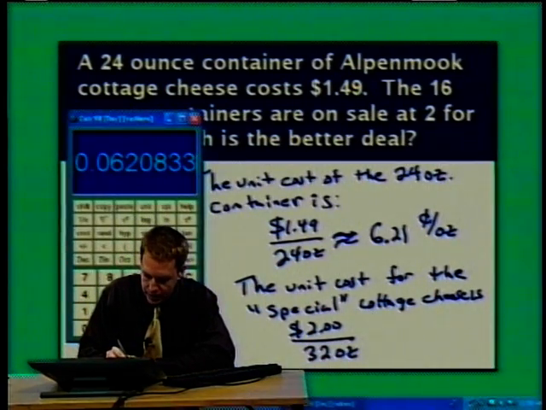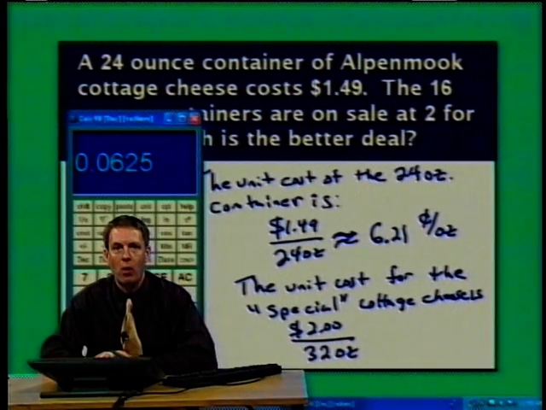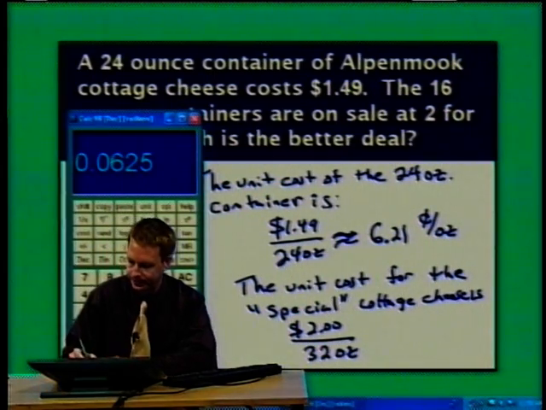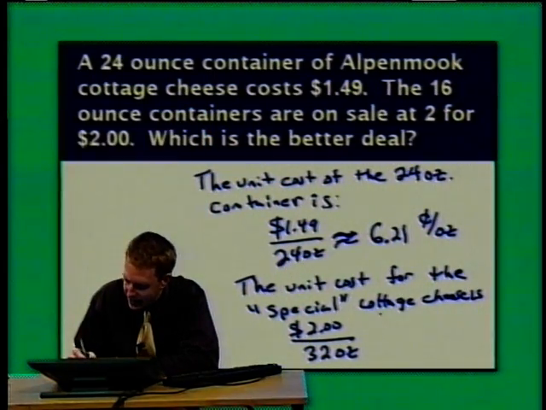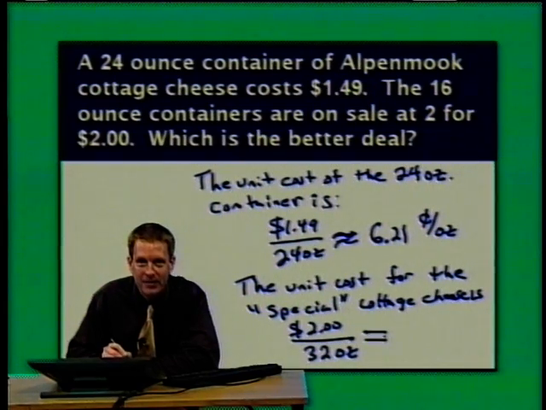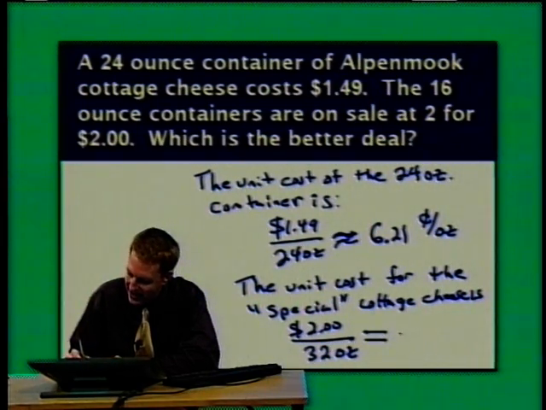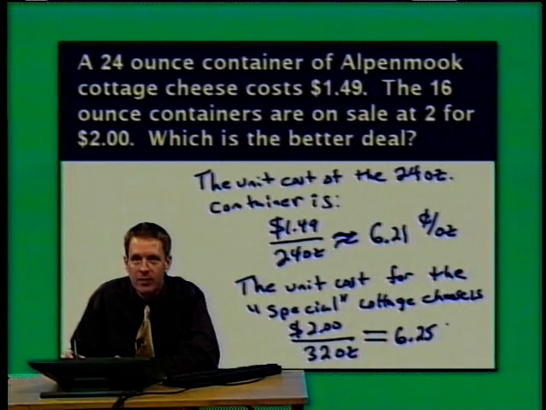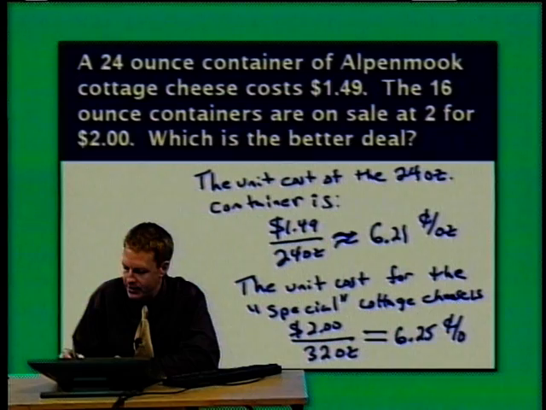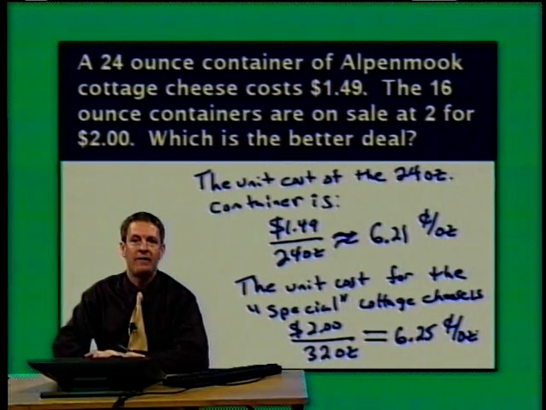So let's take our 2, divide by 32, and we get $0.0625, but I'd rather think of $0.06 as 6 cents. So $0.0625 would be 6.25 cents. Since I'm not approximating, I can use a straight equal sign. And so what do we get? 6.25. Our unit in the numerator is now cents, and in the denominator we have a unit of ounces.